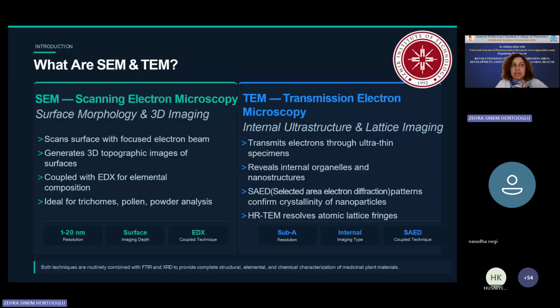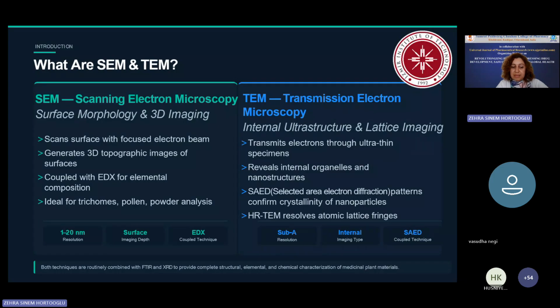It transmits electrons through ultra-thin specimens, revealing internal organelles and nanostructures, and selected area electron diffraction patterns confirm the crystallinity of nanoparticles. HRTEM shows the atomic lattice fringes.